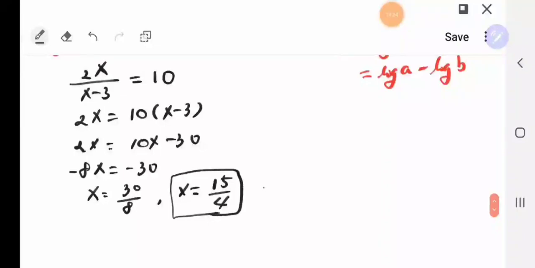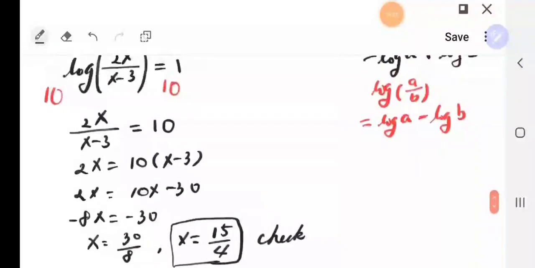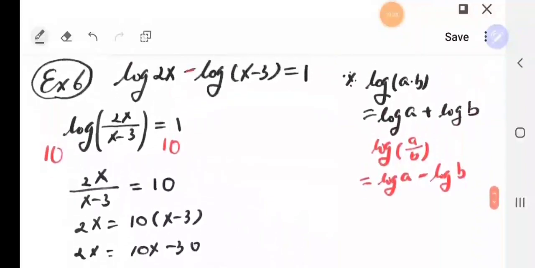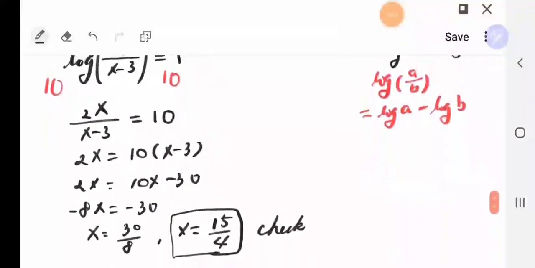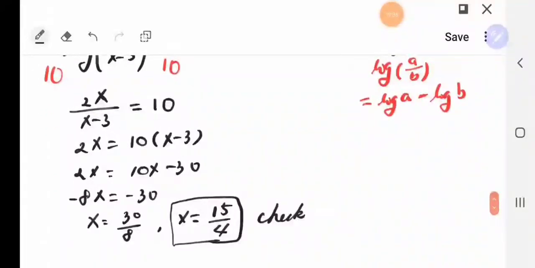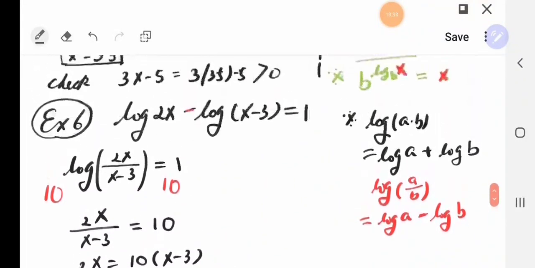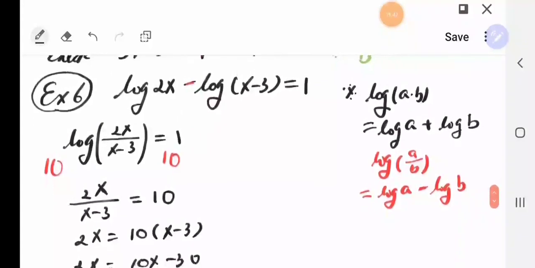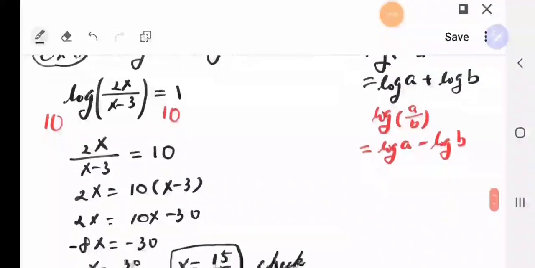And then check whether this makes the expression inside the logarithm 0 or negative. So 15 over 4 is a little less than 4. We have 2x and x minus 3. So 2x is positive, and x minus 3 is also positive. So this is okay.